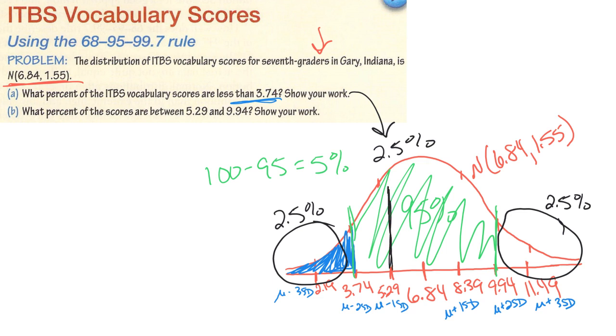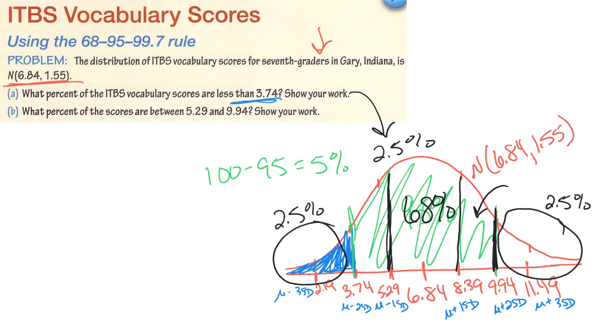Okay, so the next question is asking what percentage of scores are between 5.29 and 9.94. So I'm right here, minus 1 standard deviation up to plus 2 standard deviations. I want that window between those two values. Well, I know that the middle is 68%, and what I need to figure out is what this little bit right here is.